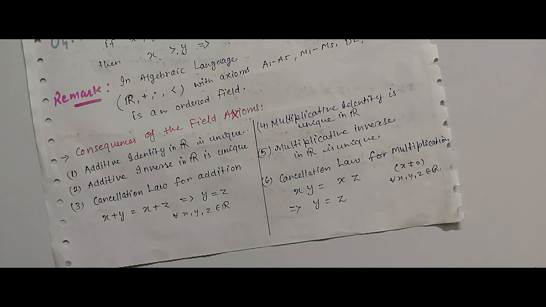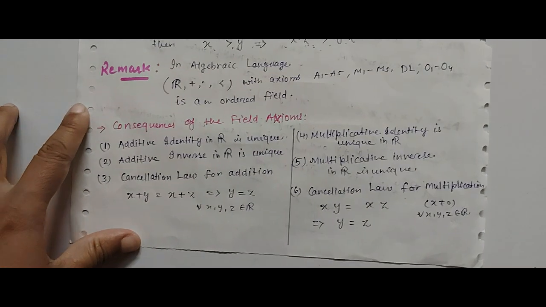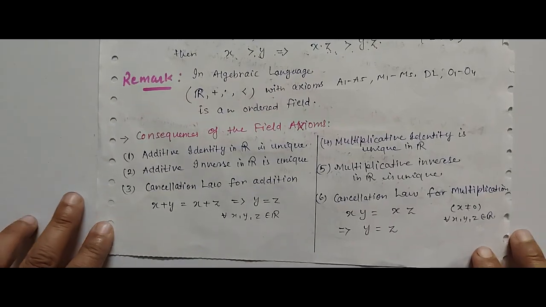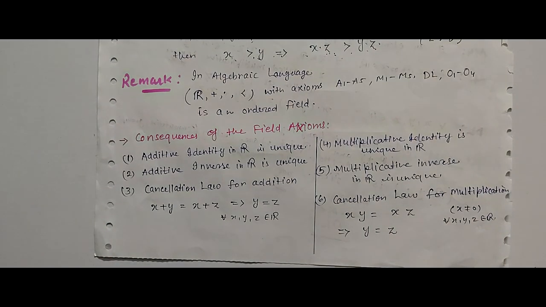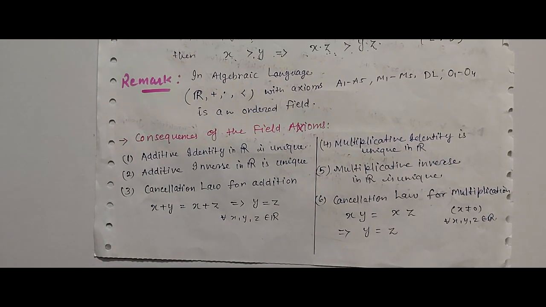Next we have some consequences of the field axioms. Till now we discussed field axioms and order axioms, which we use very frequently in real analysis. The group axioms we use frequently in algebra, but in real analysis we use field and order axioms very frequently.